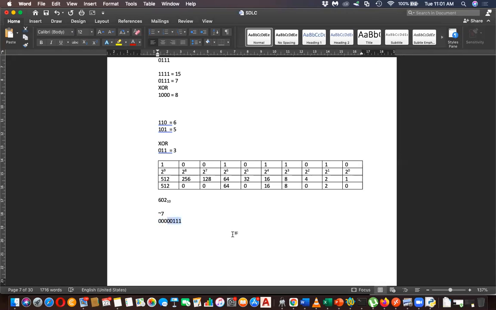So this is 7. But if you apply NOT, it will be converted to 1 1 1 1 1 0 0 0, because NOT inverts everything. All 5 zeros are inverted to 5 ones, and the 3 ones are inverted to 3 zeros. But the computer will treat this as a 2's complement number.